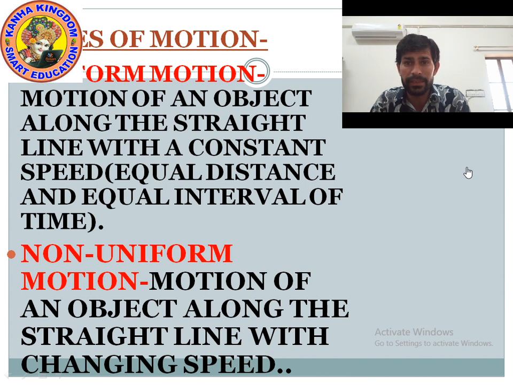We can also say that the unequal distance traveled in equal interval of time is known as non-uniform motion. Remember, distance and time. Either distance can be unequal or time can be unequal, or both can be unequal.